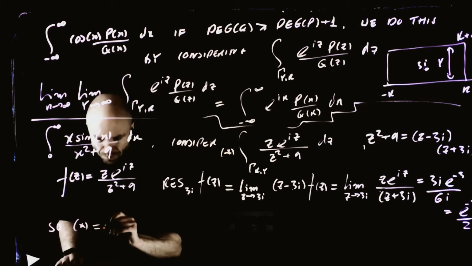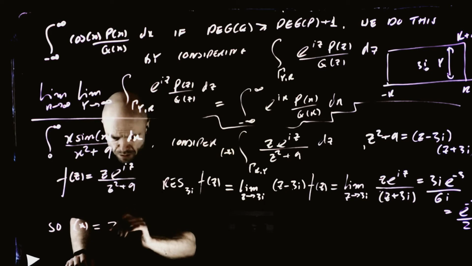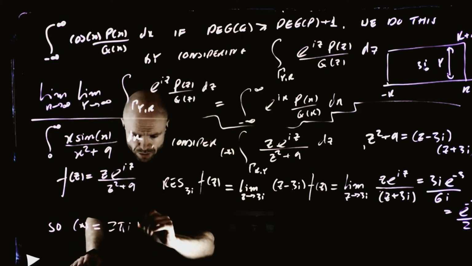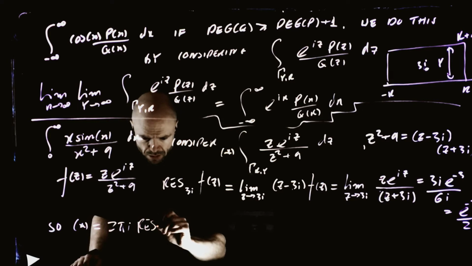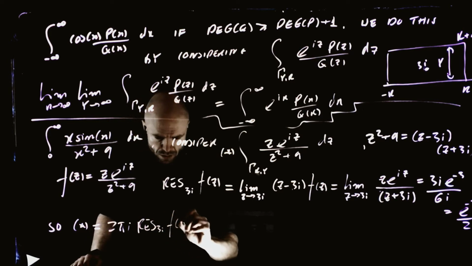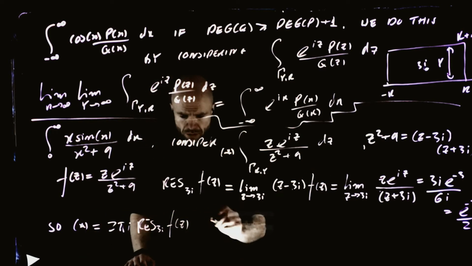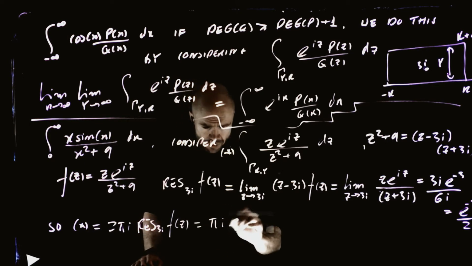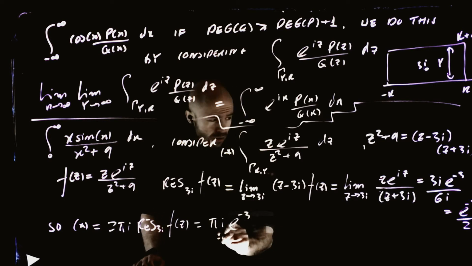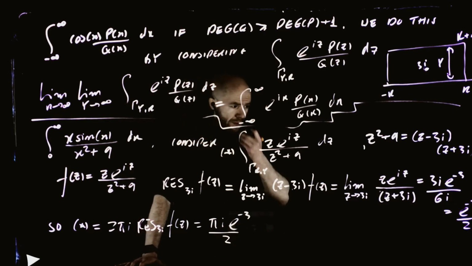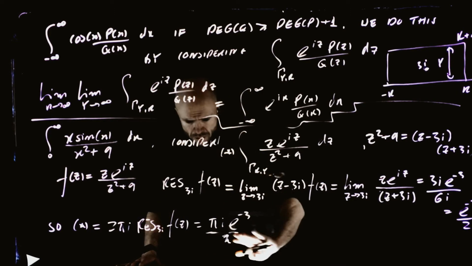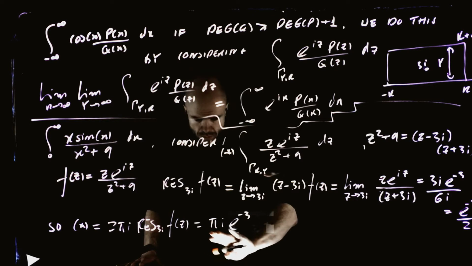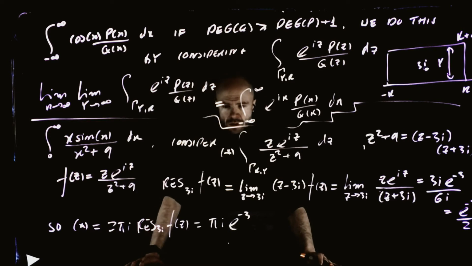Star is equal to 2 pi i times this residue at 3i of f of z, and we've calculated it, so this is just equal to pi i e to the minus 3 over 2. Is that right? No, it's not right, because the 2's cancel. It's just equal to this. Yeah?